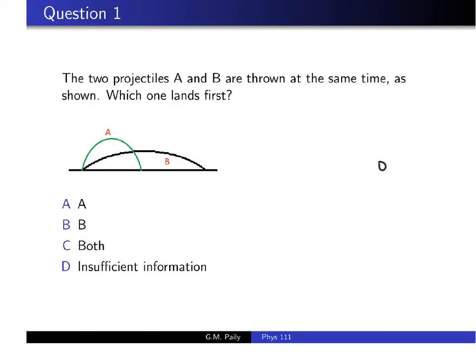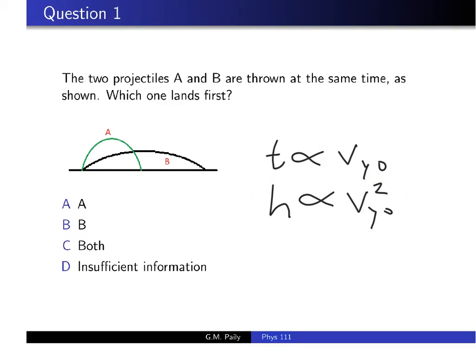But we also know that the maximum height reached by a projectile is proportional to Vy naught squared. So, if we want the projectile that lands first, that is a small t, then it must have a small Vy naught. If it has a small Vy naught, then it must have a small h.